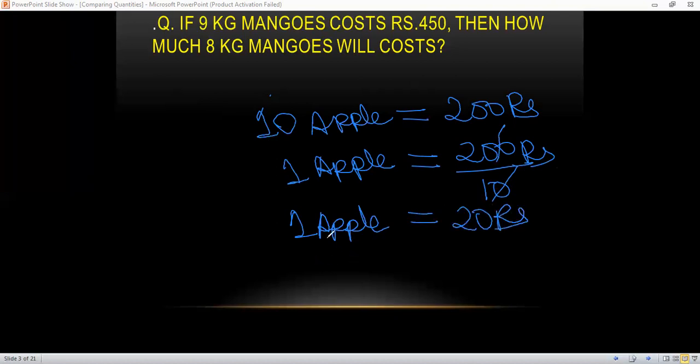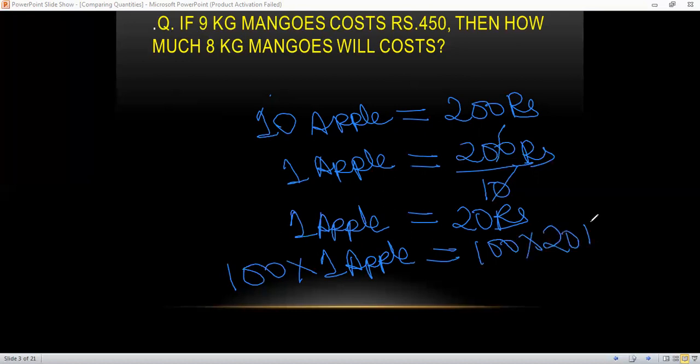We simplify it, and one apple is equal to 20 rupees. For finding the cost of 100 apples, I will multiply 100 on both sides, and by this you will easily get the cost. So what will be the cost of 100 apples? 2000 rupees.